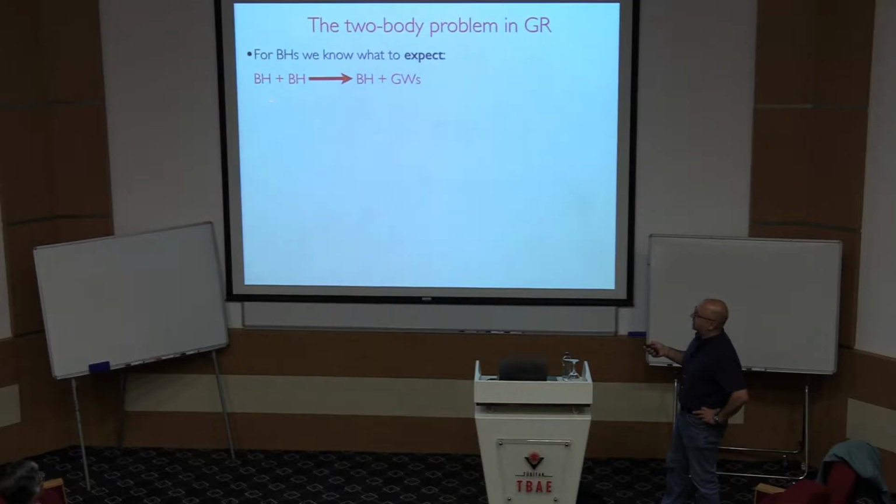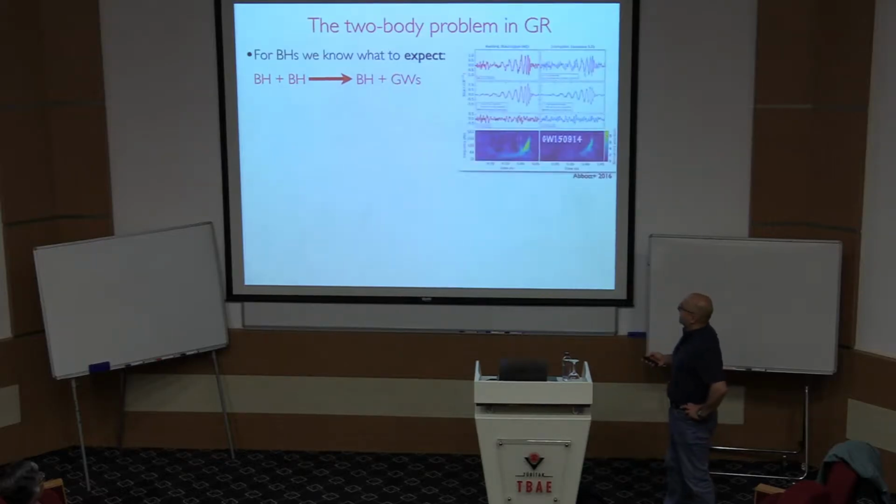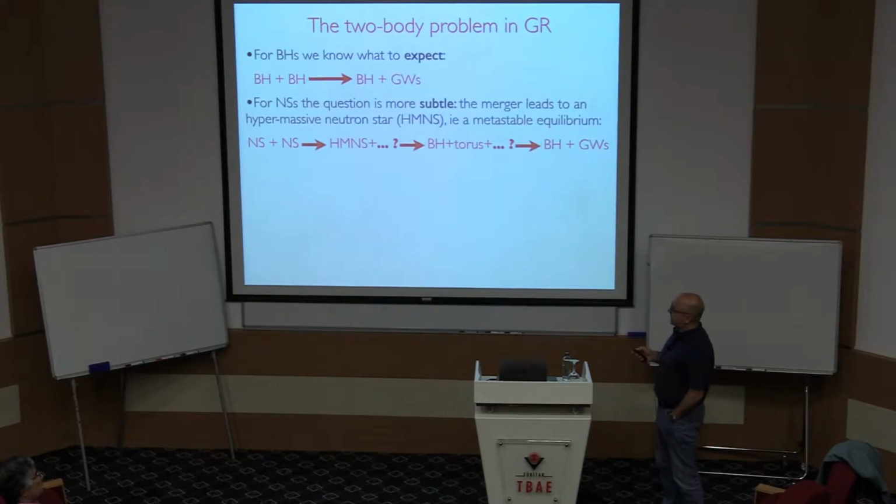You take two black holes and you obtain at the end a black hole plus gravitational waves. You can think of this as a scattering problem. In the case of black holes, this is something we have already observed. This is GW150914, the first detection of binary black holes. So this is not just a fantasy, this is reality. We do know that this process takes place in nature.